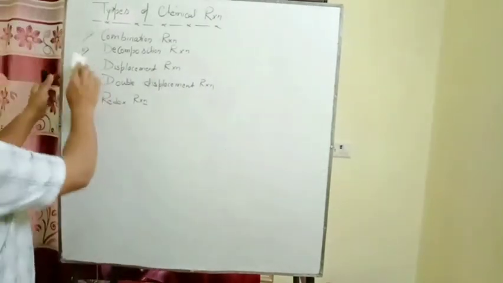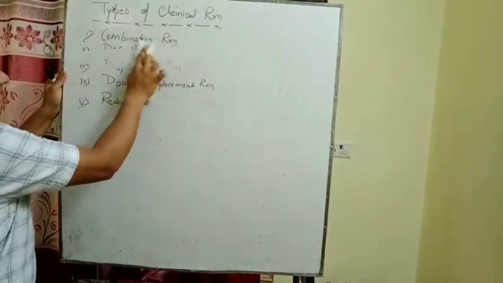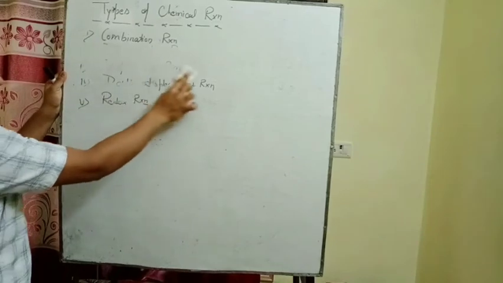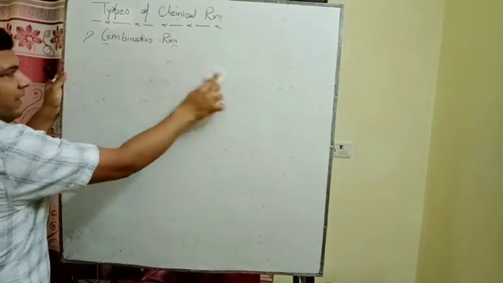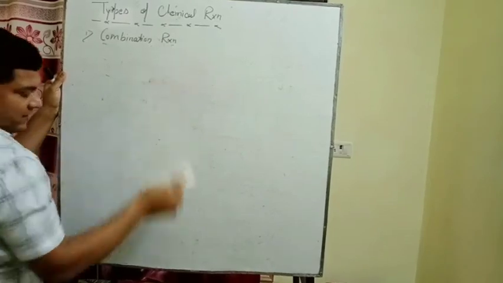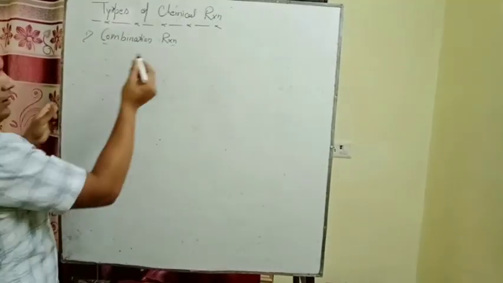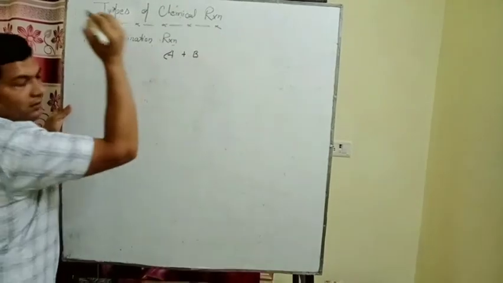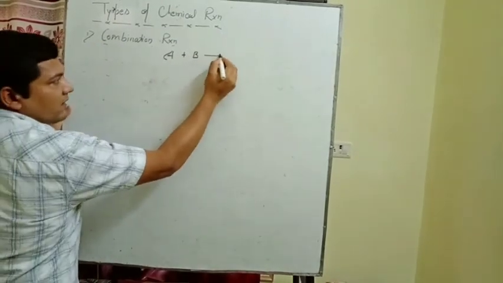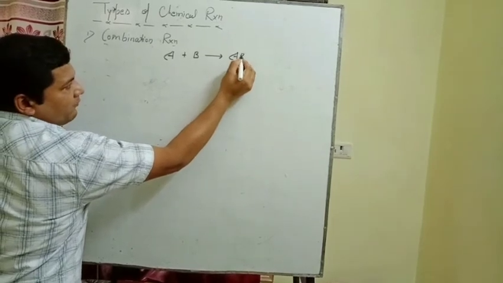First of all, it is combination reaction. As the name indicates, combination means to combine. Suppose we have two things, we will combine them to form a single substance or single entity. Like we have a substance A, if it combines with B, it will give you a substance called AB.